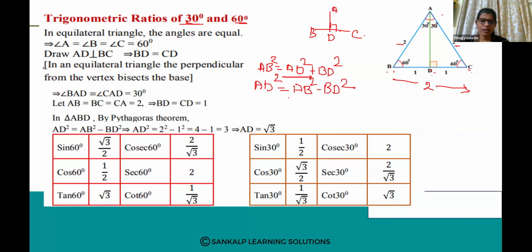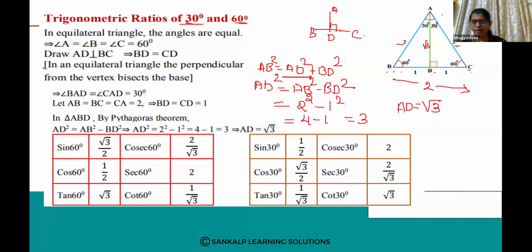What is AB? AB value is 2 square and BD value is 1 square. So 2 square is 4 minus 1, that's equal to 3. So AD square is equal to 3. So what is the value of AD? AD value is root 3.